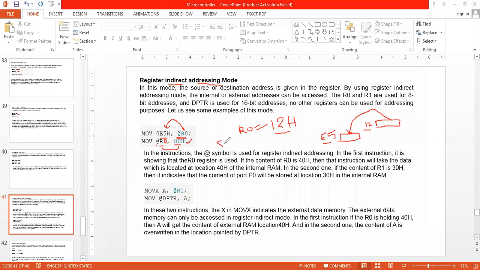I have A memory location. From this, whatever the data is there, that is going to be copied into 12H, not into R0.